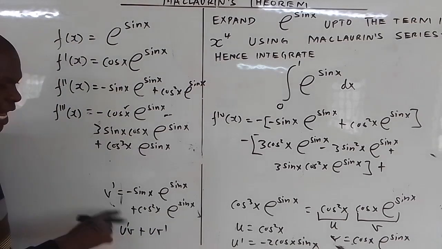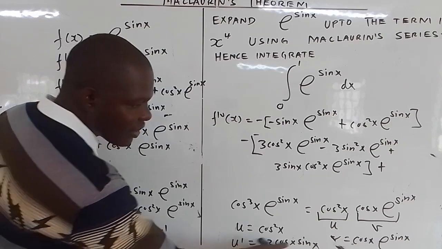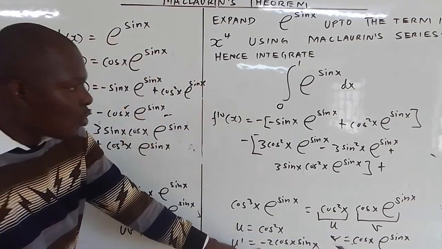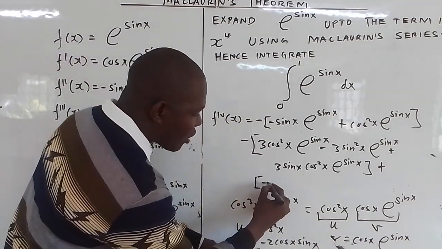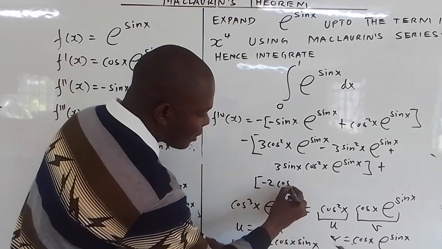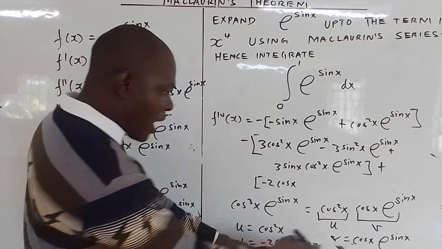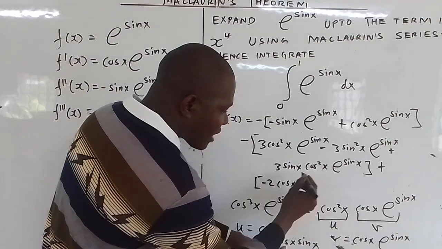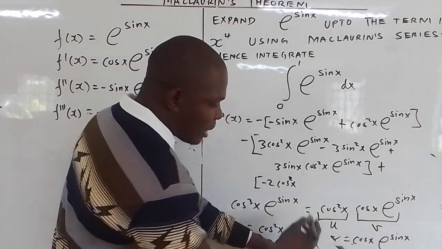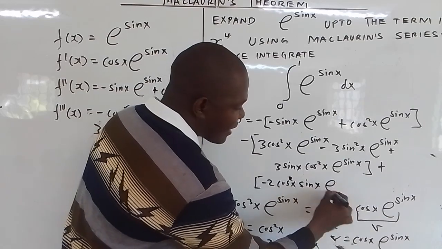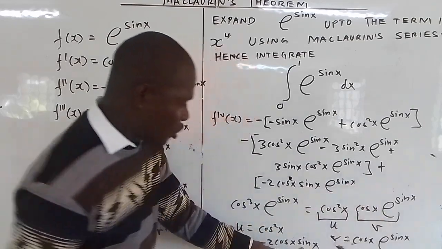So u prime times v, u prime is this times v. So you are going to get, in this upper bracket, minus 2 cos x sine x times v. Cos x times cos x is going to be cos squared x, isn't it? Then sine x exponential sine x. You are done with that.